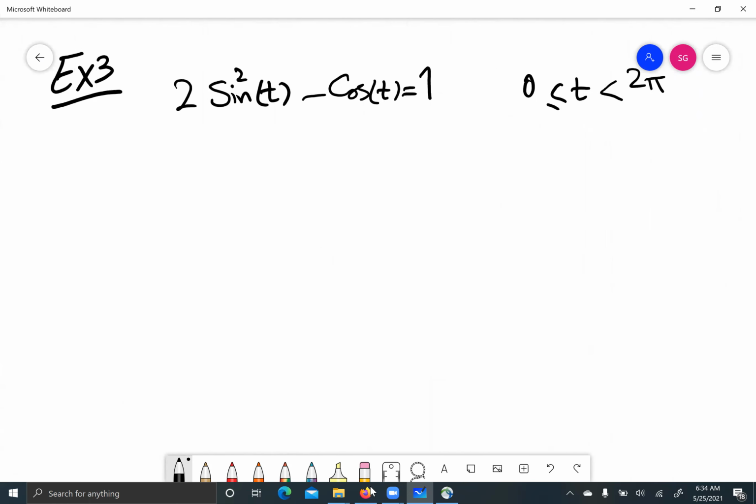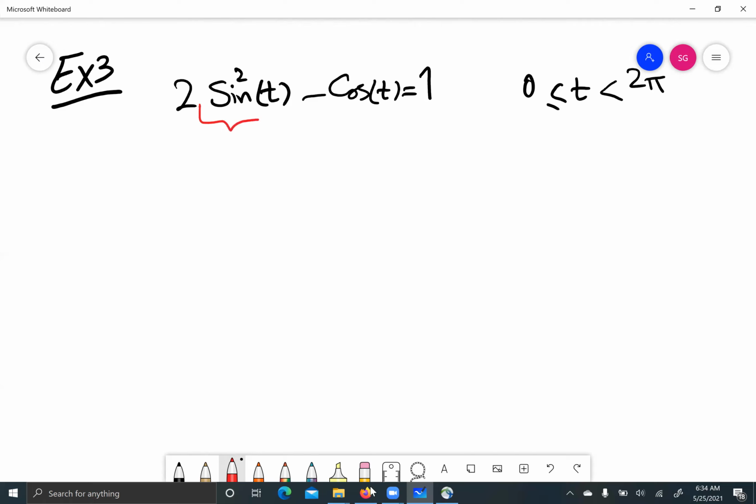In fact, I would like to rewrite this equation in a way that it is based on only one of these trig functions. The ideal case is when you have an equation that is only based on sine or only based on cosine, not a combination of both.